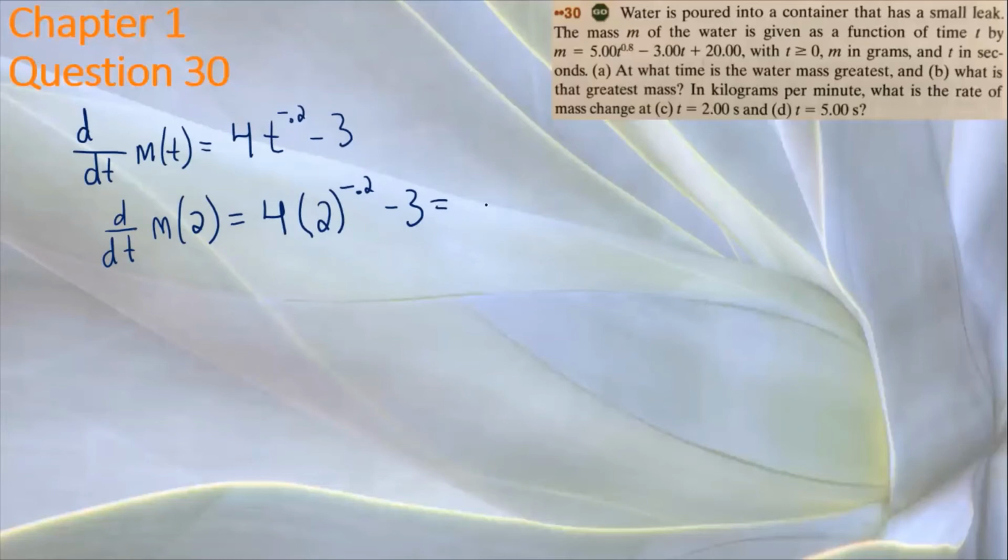Solving this algebra results in a mass change of 4.82, and since the problem tells us that m is in grams and t is in seconds, the units of the derivative of the mass function is going to be in grams per second because we've divided by a change in time.